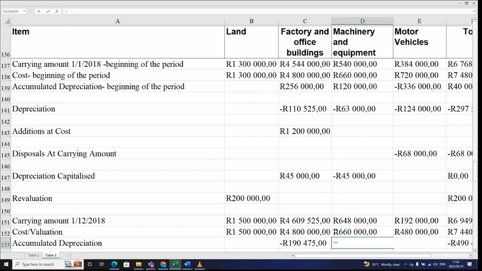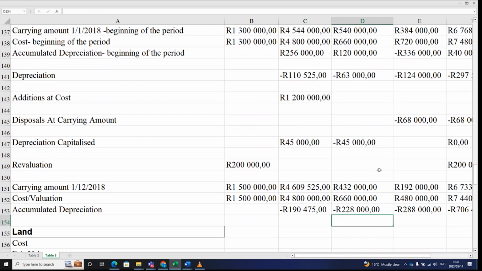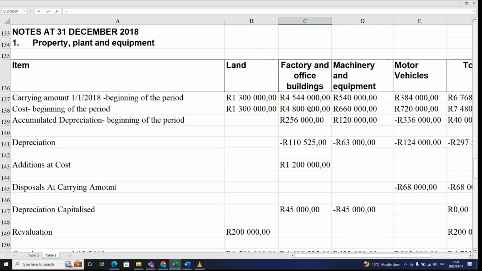I just want to add the accumulated depreciation so it's all consistent. Let's just fix this as well to get the cost there and get the signs consistent for you guys.